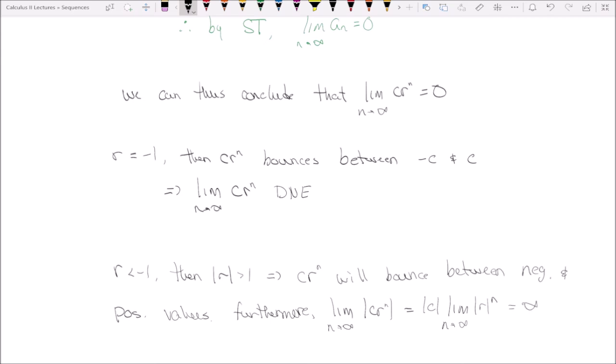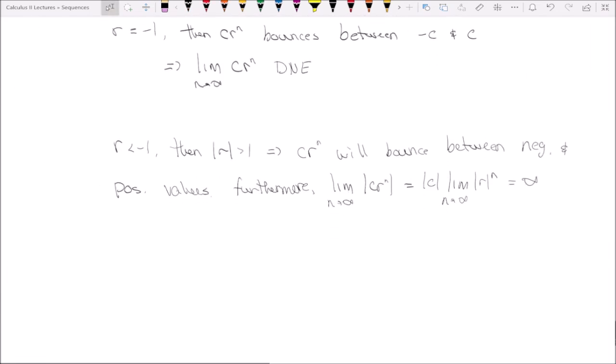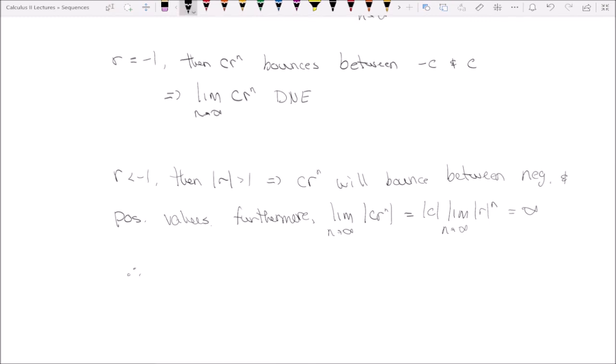Because the absolute value of r is larger than 1. Right, so this is a case that would look something like this. Yes, we're bouncing back and forth, but notice here that we're getting further and further away from 0. So this says this limit also does not exist.